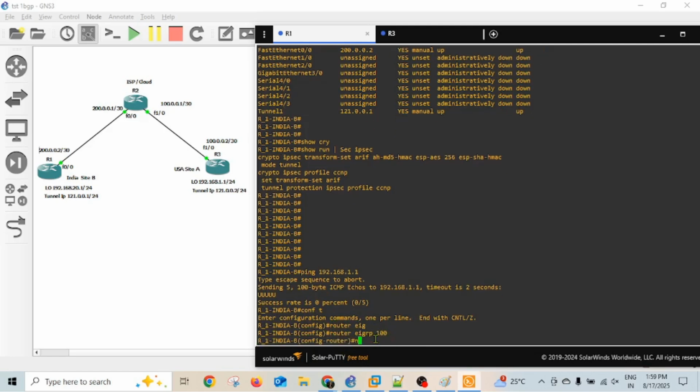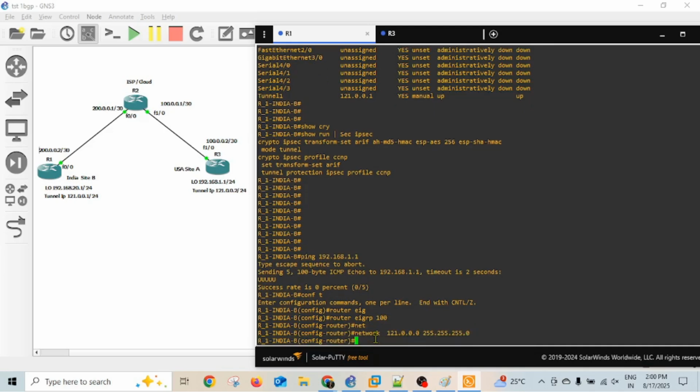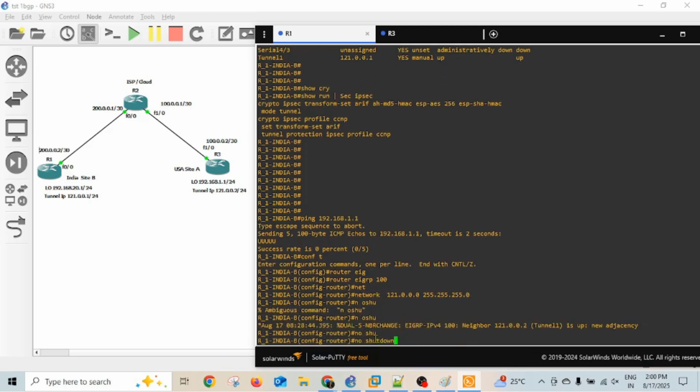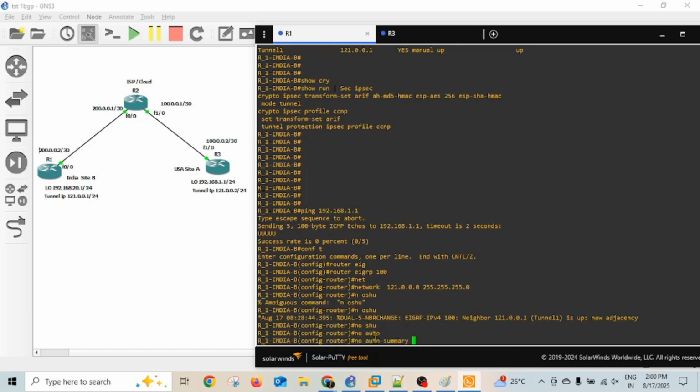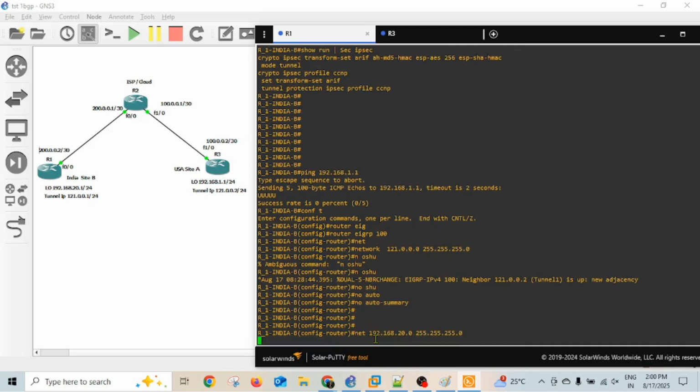So now we configure router EIGRP 100 network 121.0.0.0, no auto-summary, and network 192.168.20.0 255.255.255.0.